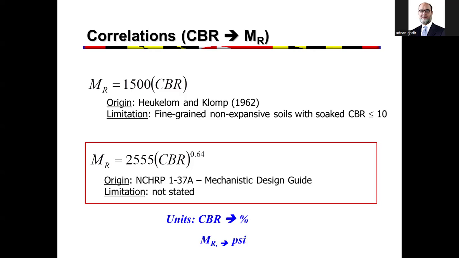So instead of having resilient modulus tests with all that sophistication, perform the CBR, and whatever that CBR value is, use this relation in the red box.